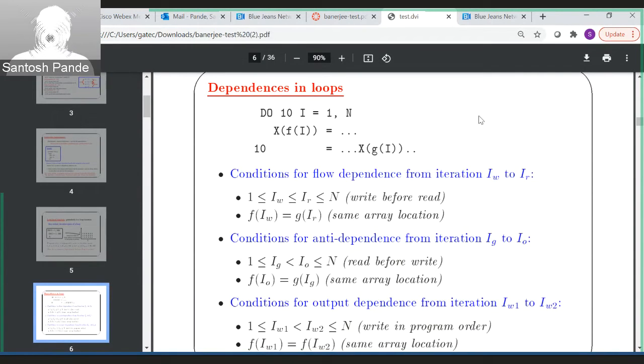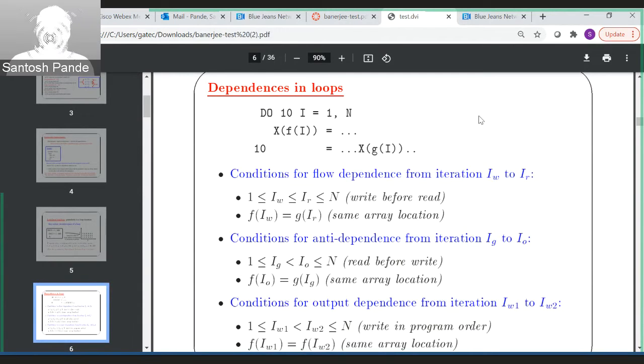You can see that IG corresponds to the iteration for the g function, the read, and IO corresponds to the X of f of I. So f of IO is equal to g of IG, and therefore both of them must touch the same array element.